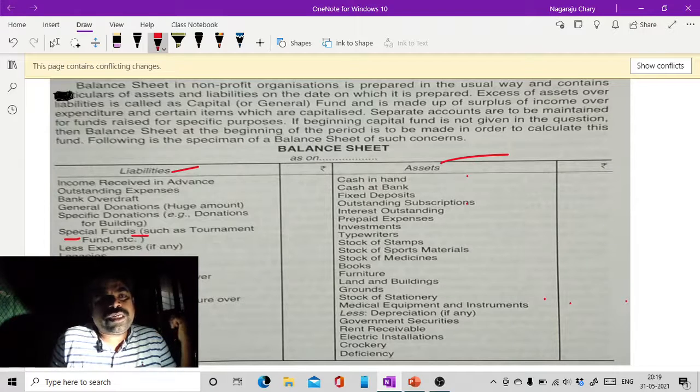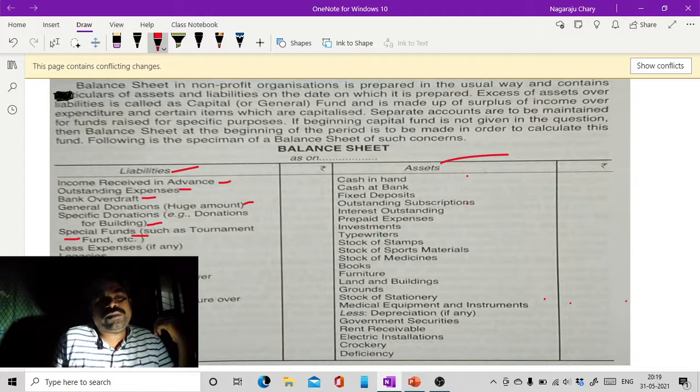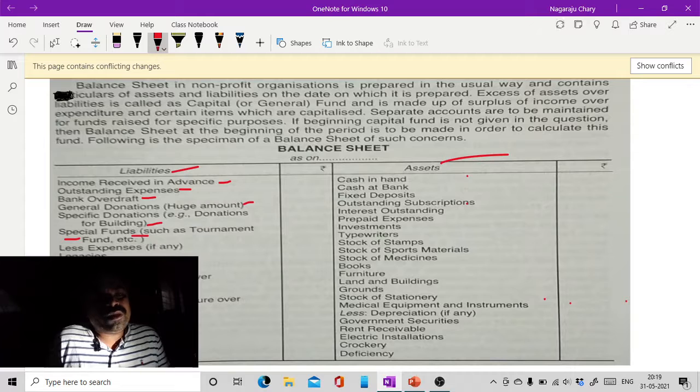Income received well in advance is to be recorded as a liability. Outstanding expenses are to be recorded, and the bank overdraft is to be recorded. General donations, if any huge amount is there, that is to be recorded. Specific donations, for a special purpose, may be collected from various people. Then those special funds are also recorded on the liability side.